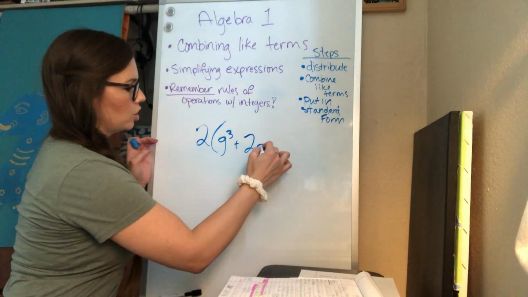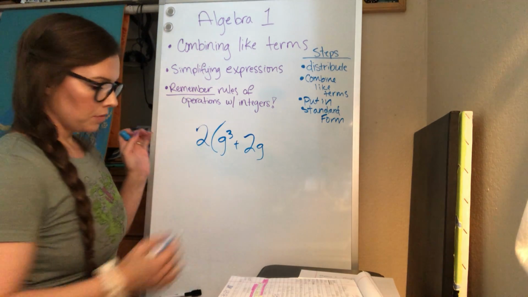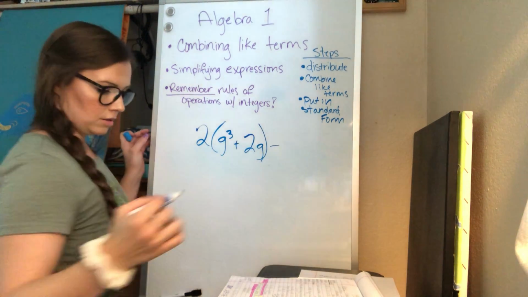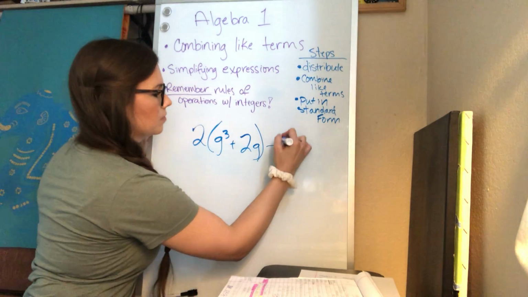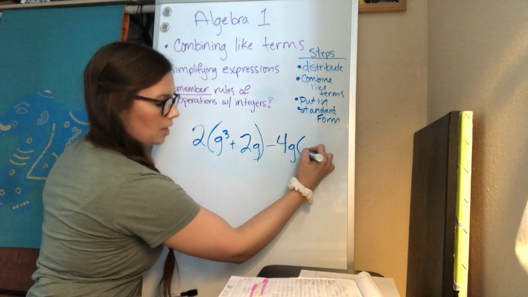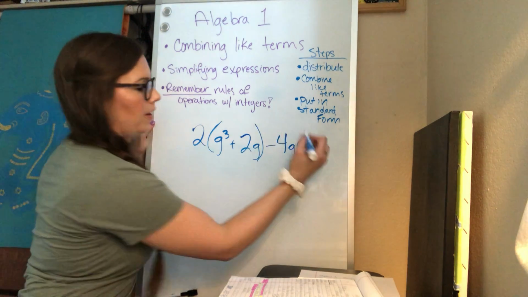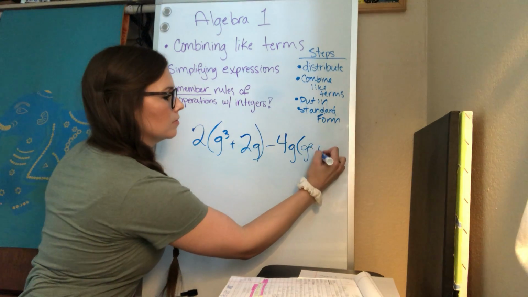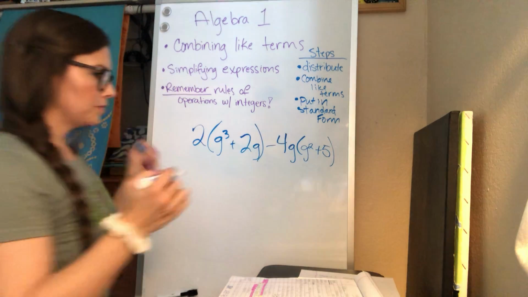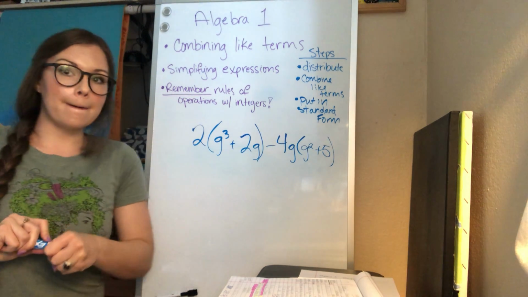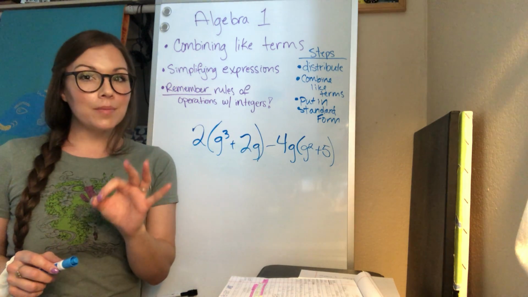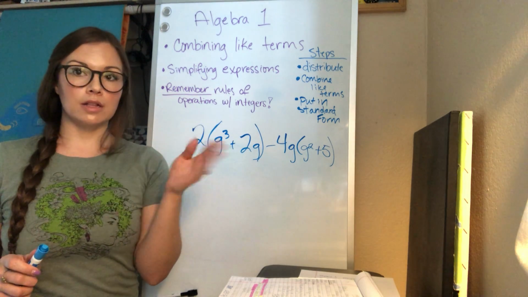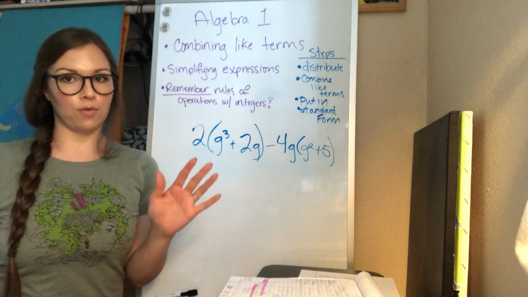Plus 2g minus 4g times g squared plus 5. Okay, we're going to get into something else when we do this side over here that we're going to touch on, but we're going to go deeper into it later. So just a warning for you.